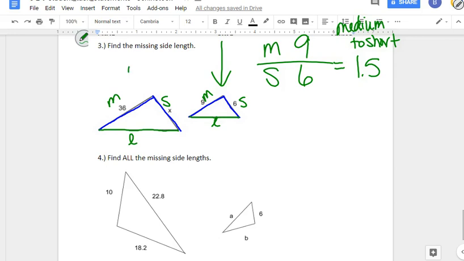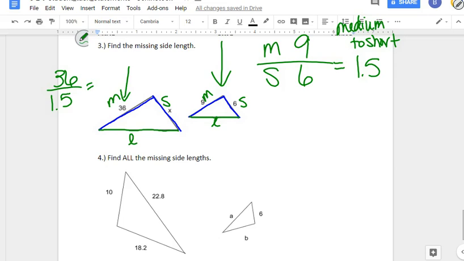Since I know the medium side length over here, and I don't know the short side length, I know that I'm going to have to divide 36 by my common ratio to get the short side length, since that number has to get smaller.